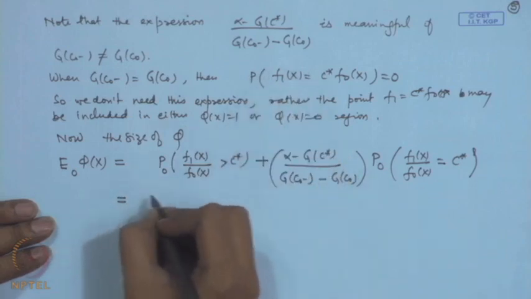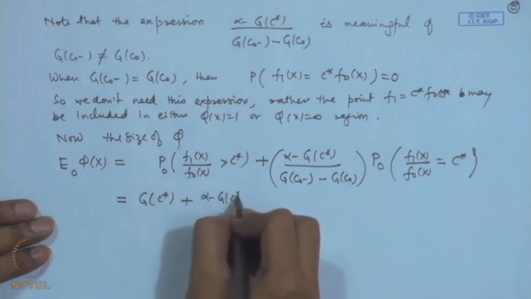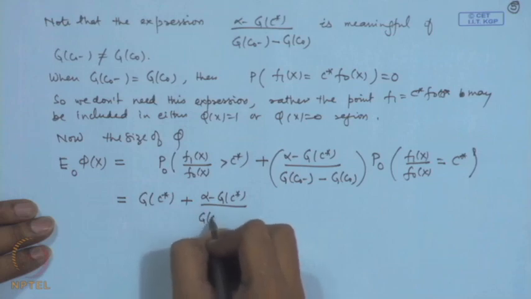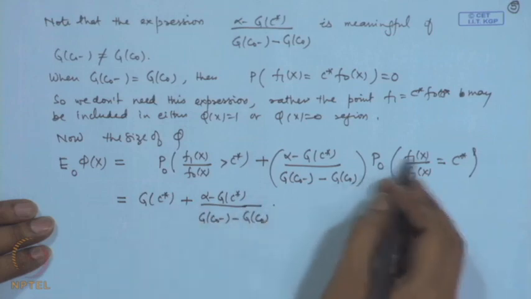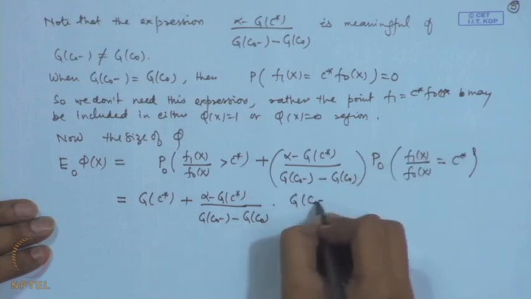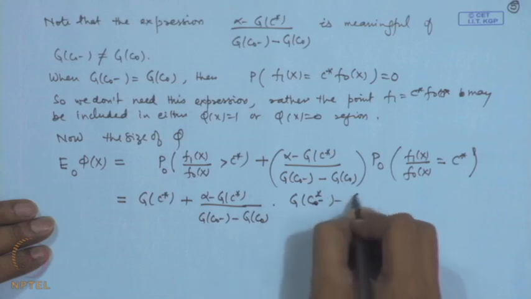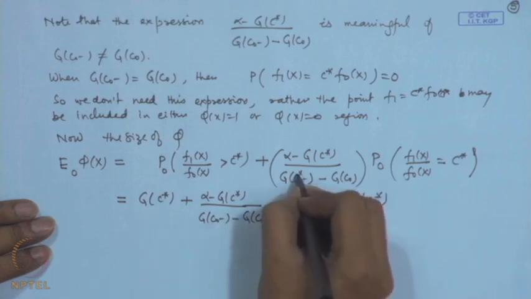So, that is equal to g c star plus alpha minus g c star by g c naught minus g c naught, into this portion is nothing but once again g c naught star minus g c star.